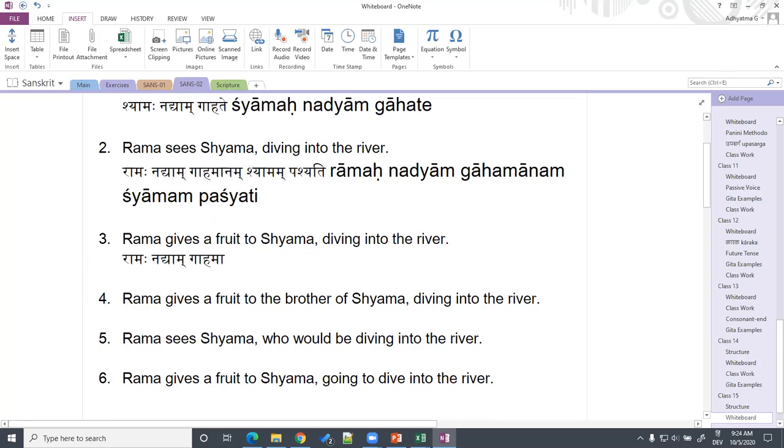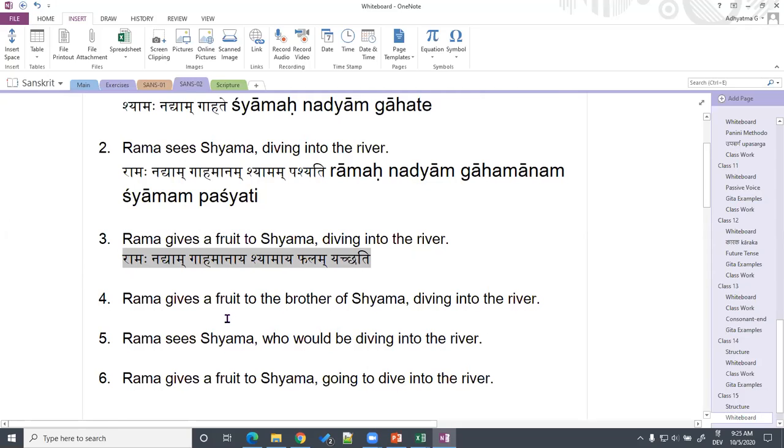So, Gaha Manaya Shyamaya Phalam Yachati. Rama Nadyam Gaha Manaya Shyamaya Phalam Yachati.